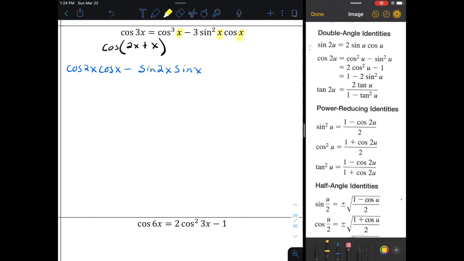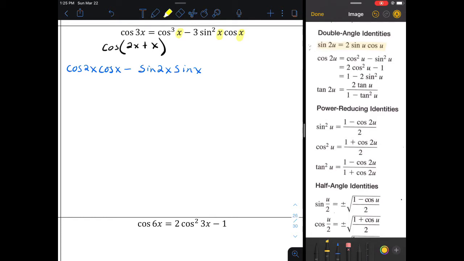And for sine, we have sine of a double angle is equal to 2 times sine of the angle times cosine of the angle. Now, when it comes to cosine, we have 3 options here. And we need to pick which option to choose from. Well, we need to make cosine cubed.